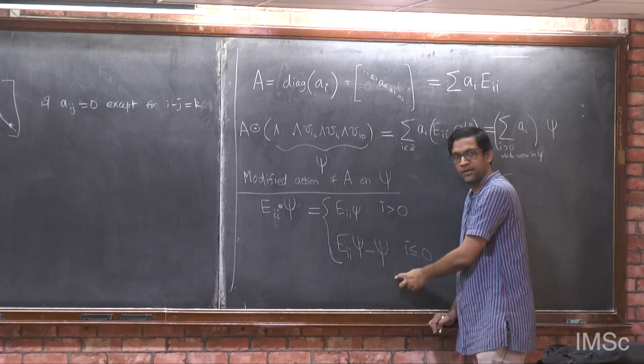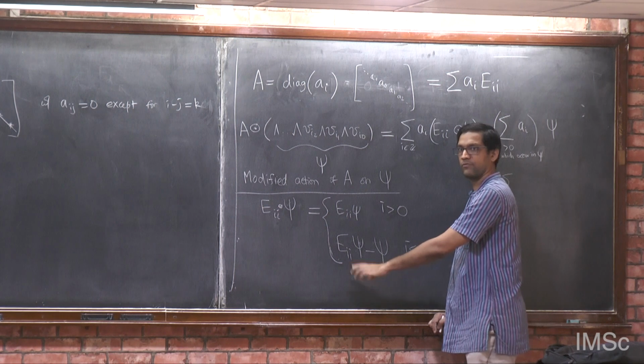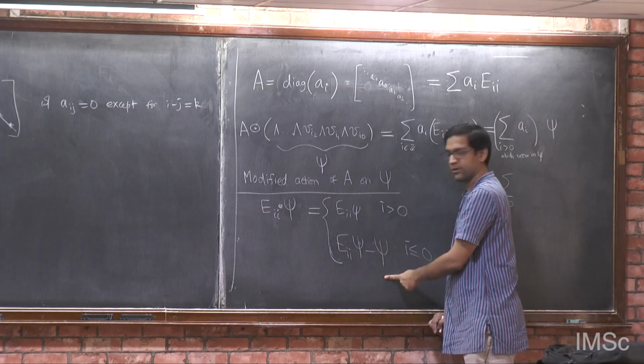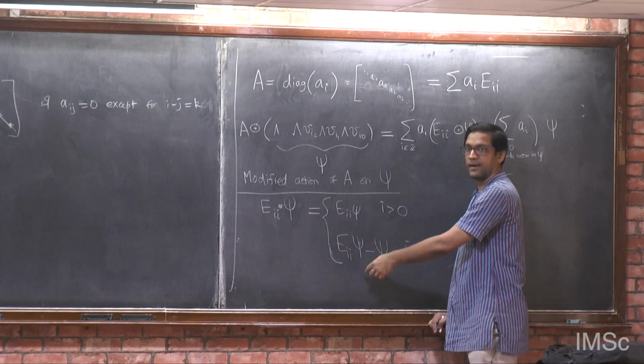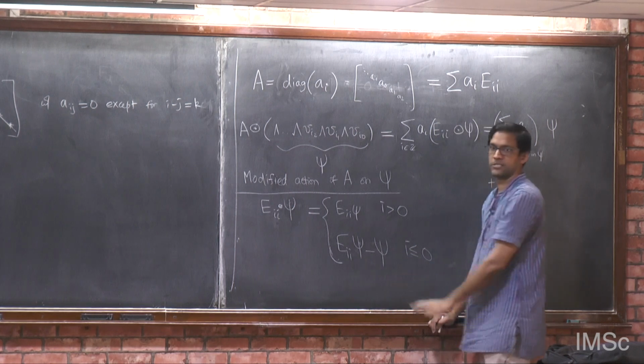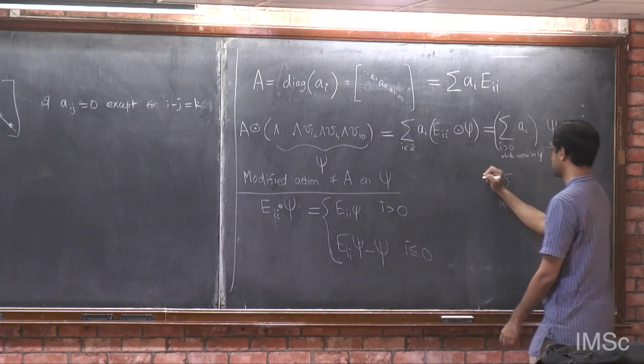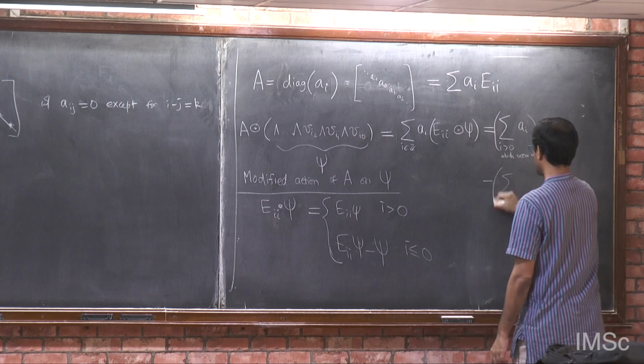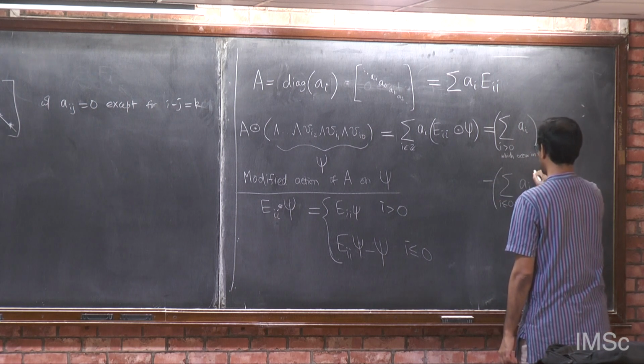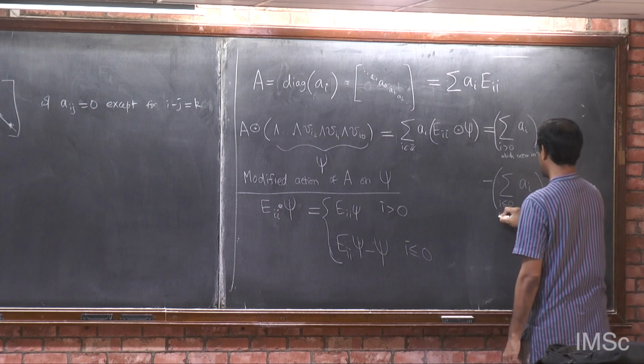But then I am subtracting off a psi. So if i occurs, this is 0 because I have removed the psi, and if i doesn't occur, it gives me minus psi. So this is now going to give me a minus sum over all i of a_i psi such that i does not occur.